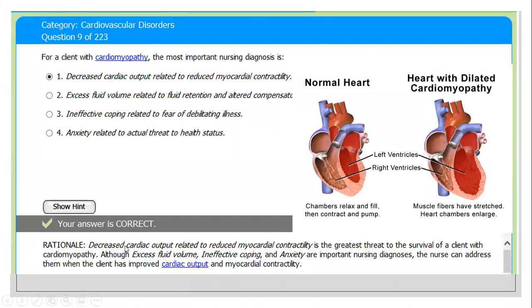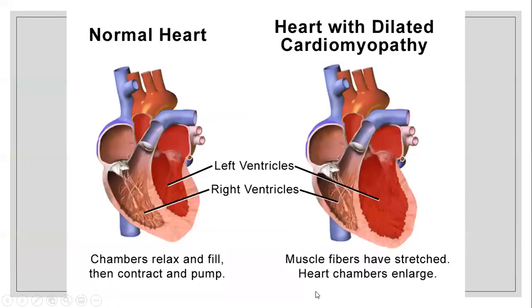The rationale says decreased cardiac output related to reduced myocardial contractility is the greatest threat to the survival of a client with cardiomyopathy. Although excess fluid volume, ineffective coping, and anxiety are important nursing diagnoses, the nurse can address them when the client has improved cardiac output or myocardial contractility. So same picture, bigger here. You can get a better image.